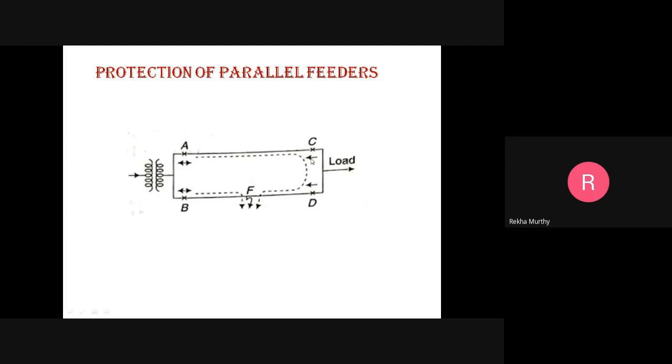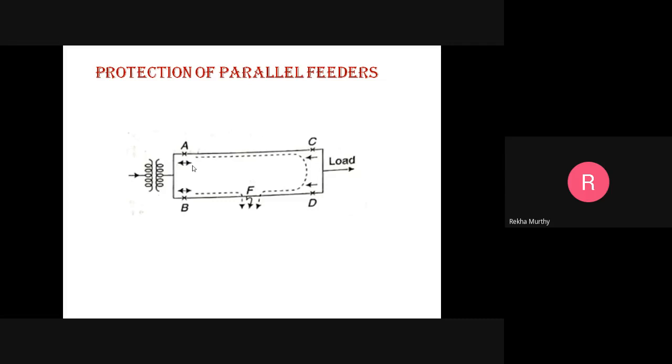At the load side, we need to prefer the directional relay, which makes it possible to respond to the reversal of current flow whenever a fault occurs. But make sure at the source side there are always non-directional relays, which should not change the direction of flow of current. That is about parallel feeders.